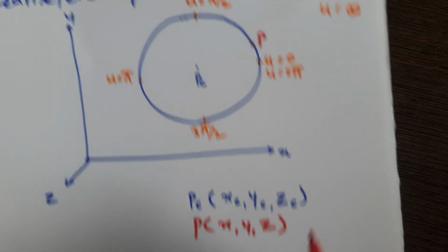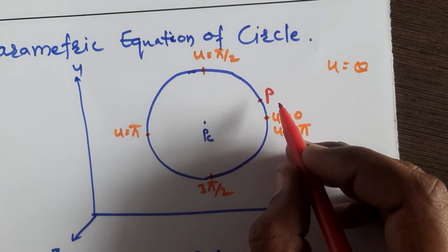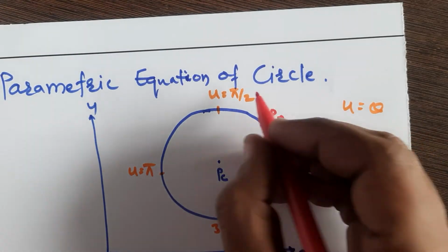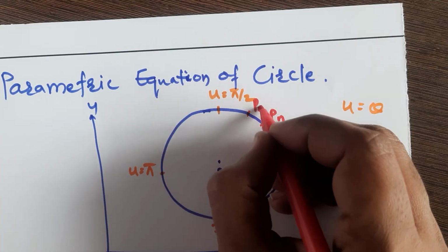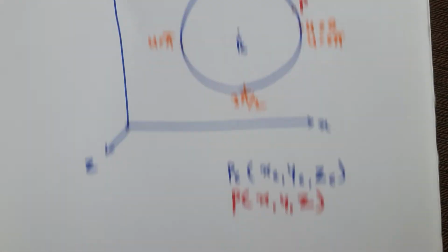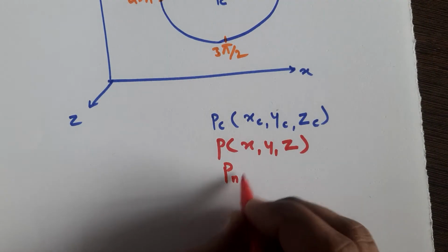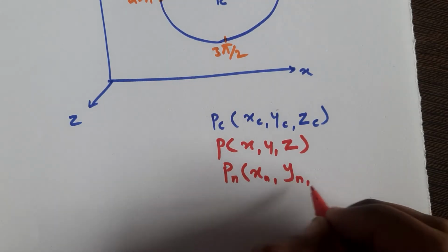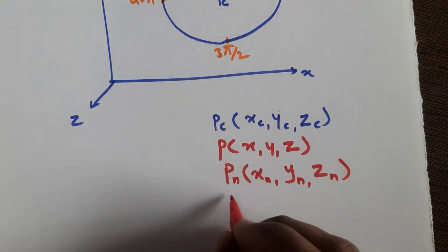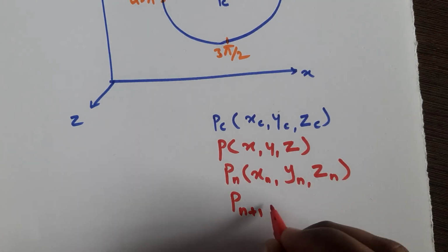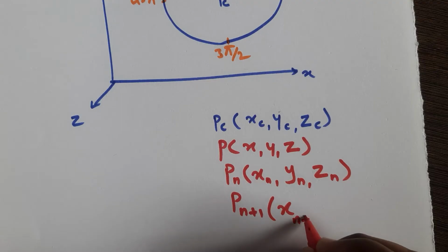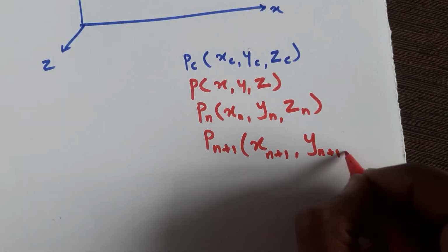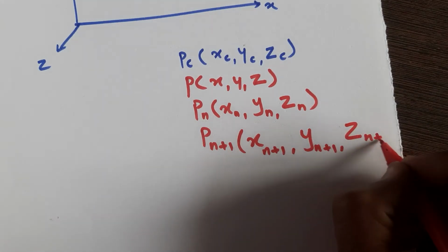Now let us consider another point Pn, and another point Pn plus 1, where Pn is having coordinates xn, yn, zn, and Pn plus 1 is having coordinates xn plus 1, comma yn plus 1, comma zn plus 1.